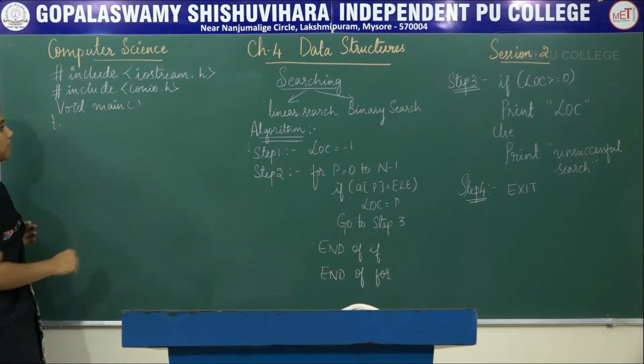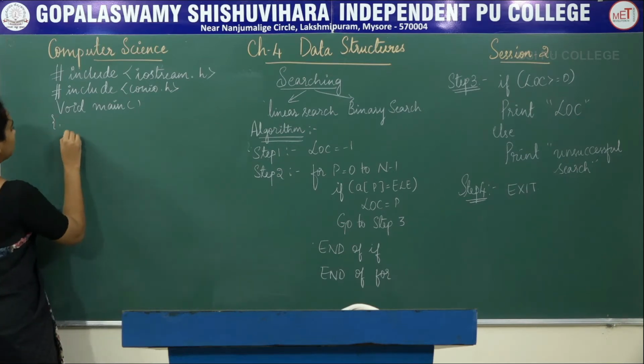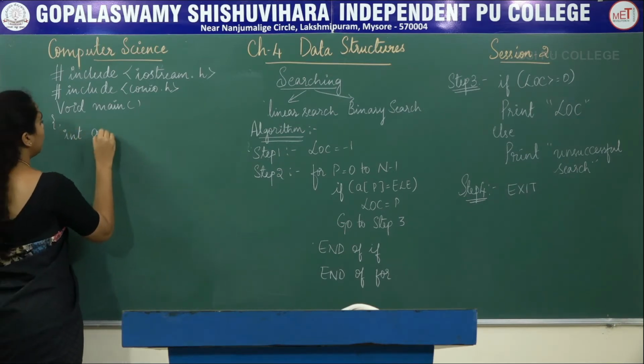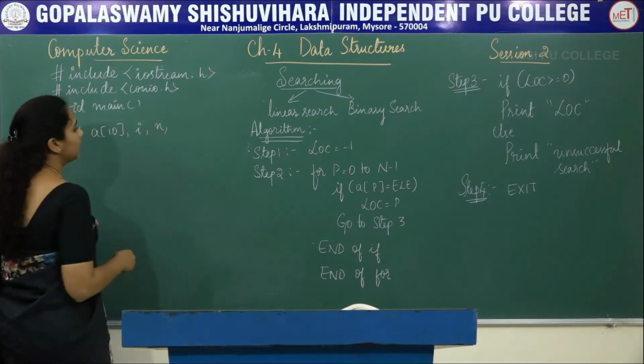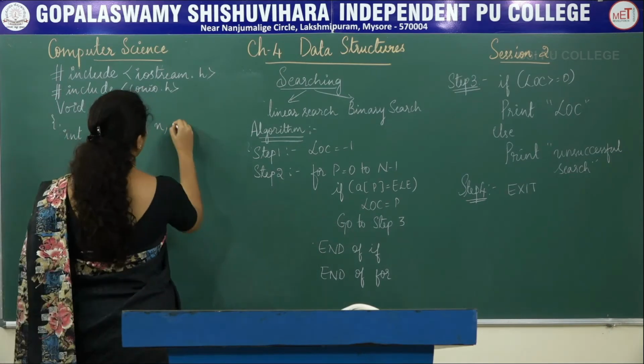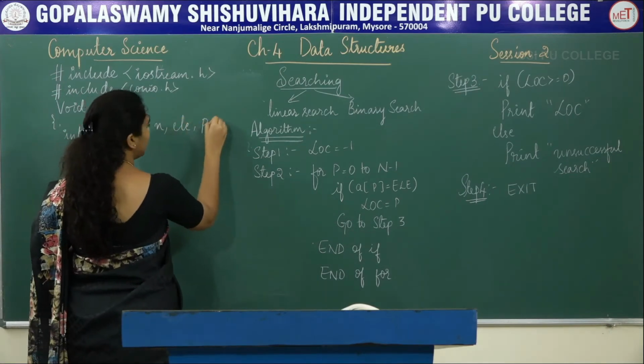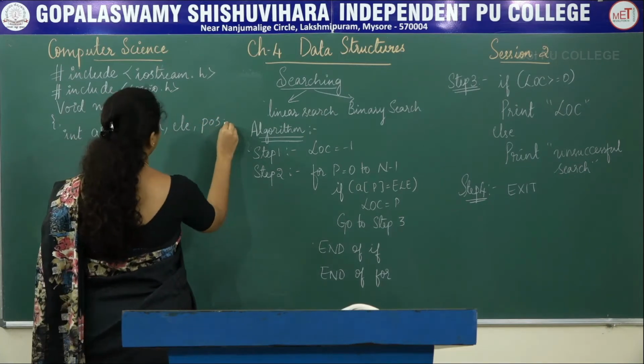And what are all the variables we have to declare? We have to declare an array, an element as well as position.